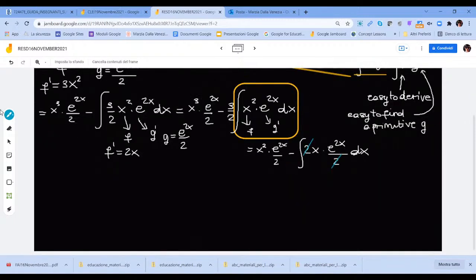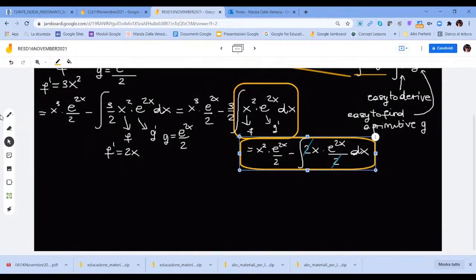So that means that we have again to perform this integral, but in order to have no confusion, we will maybe rewrite everything together.